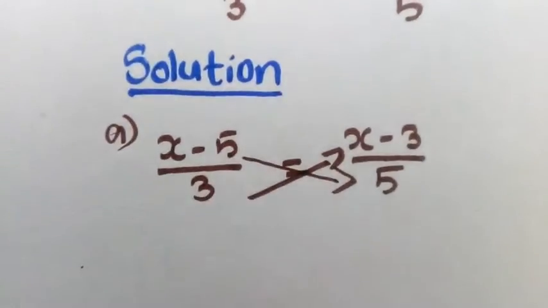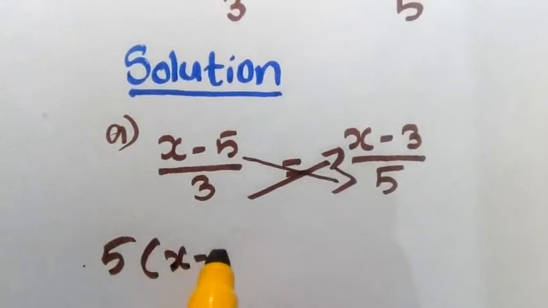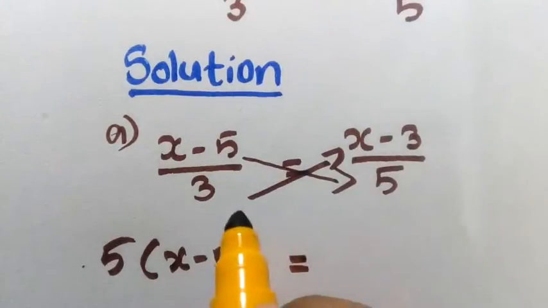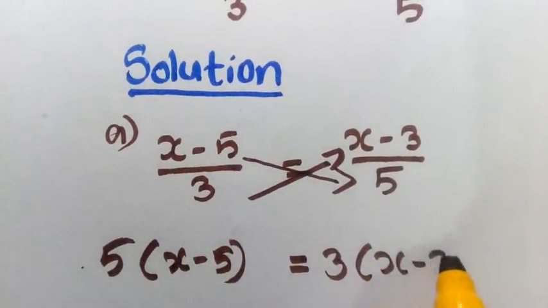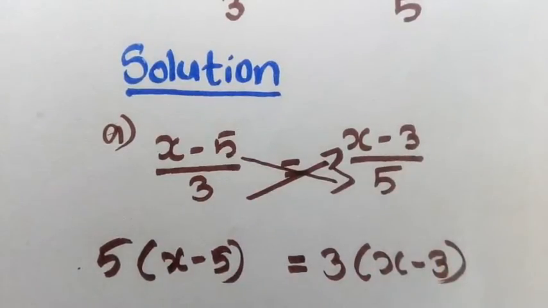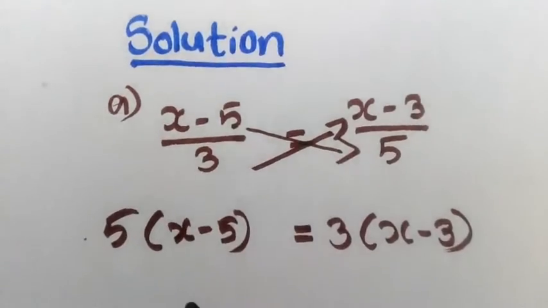So, 5 into (x minus 5) is equal to 3 into (x minus 3). Next we need to open the brackets by the distributive property.